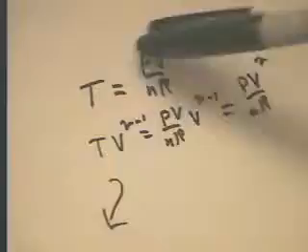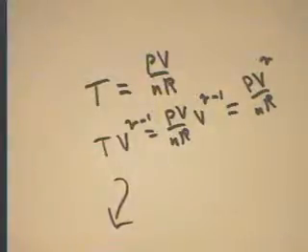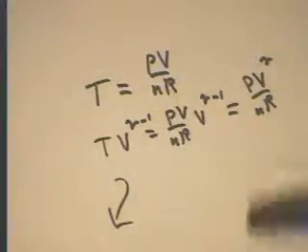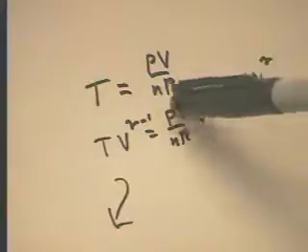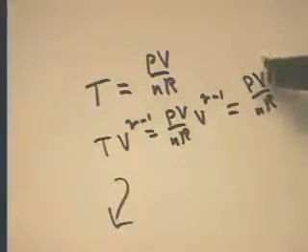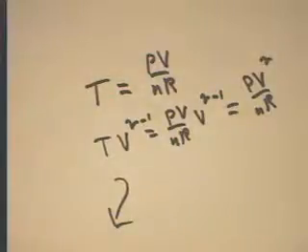that T is PV over nR, so if TV to the gamma minus 1 equals something, then PV over nR times V to the gamma minus 1 equals that same thing. Okay, just substituting PV over nR for T. And then V times V to the gamma minus 1 is just V to the gamma. So we have PV to the gamma over nR.